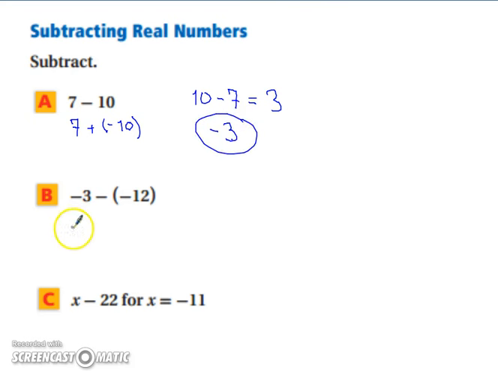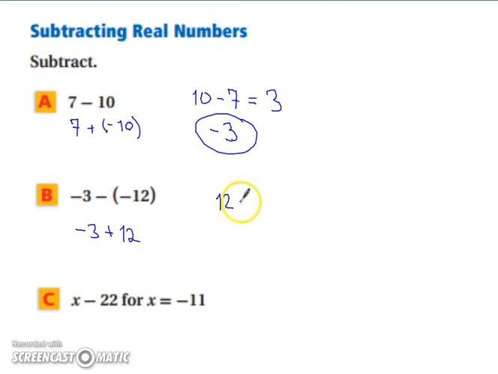Let's try looking at B. We have negative 3 minus negative 12. Well, subtracting, we can add the opposite. So if we're adding the opposite of negative, it's just going to be adding a positive. So we have negative 3 plus 12. Our signs are different, so we're going to subtract their absolute values.